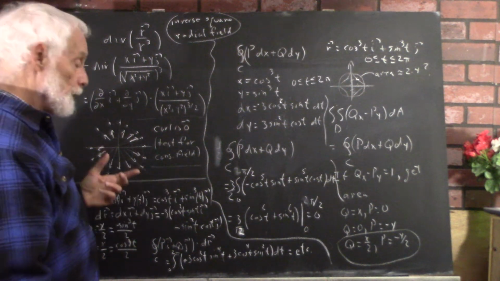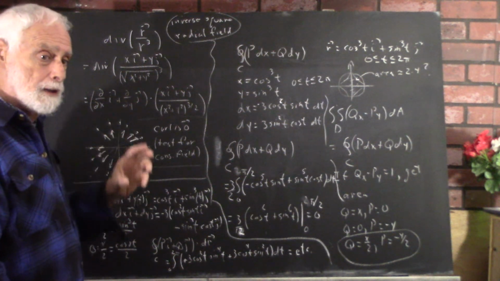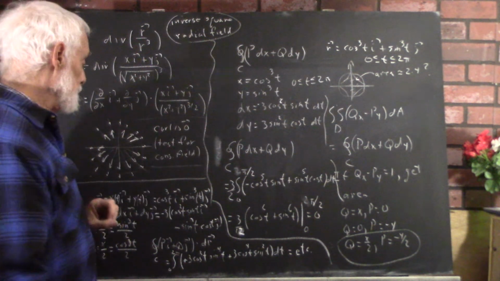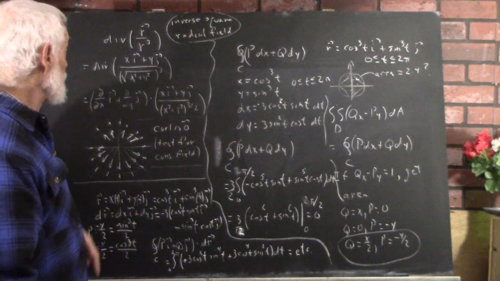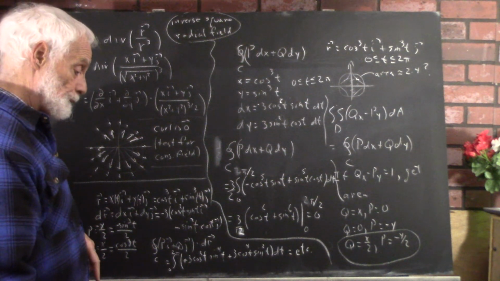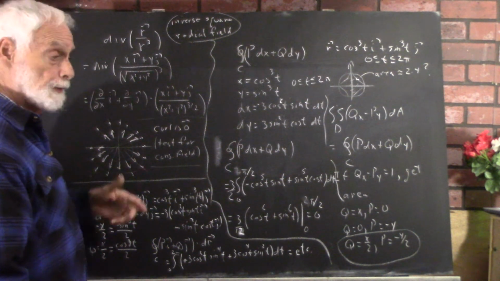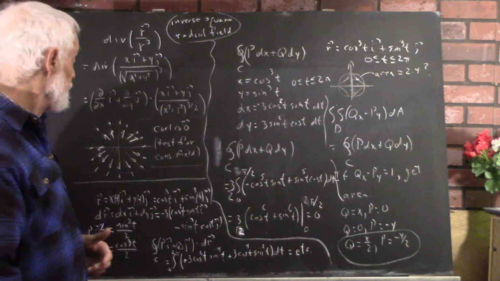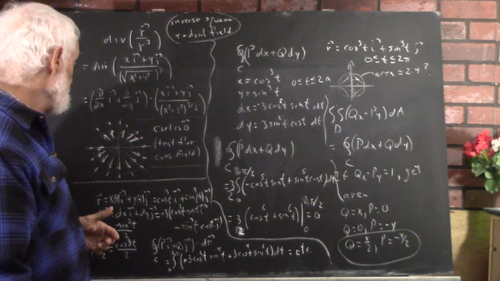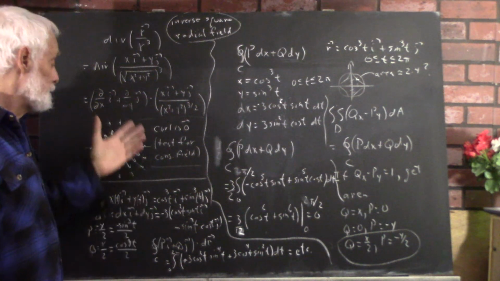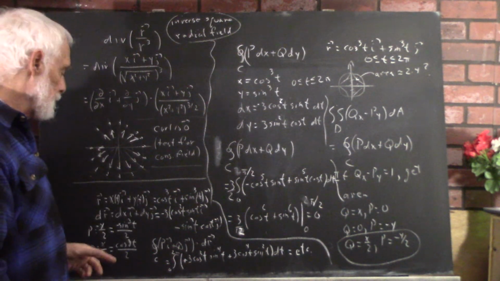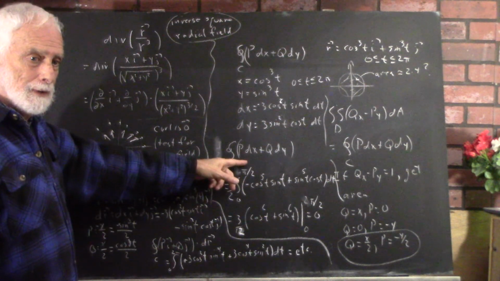In other words, a field that's the gradient of some scalar function. And this is the gradient of a scalar function, and the scalar function is just the negative 1 over r function. Okay, well, there we have that. Here we have this, which pretty much resolves this nightmare.